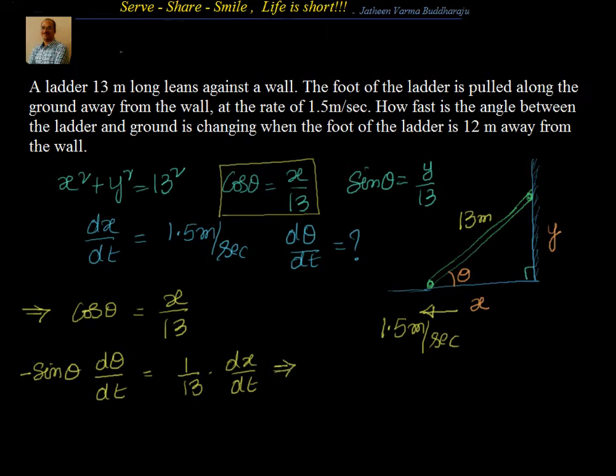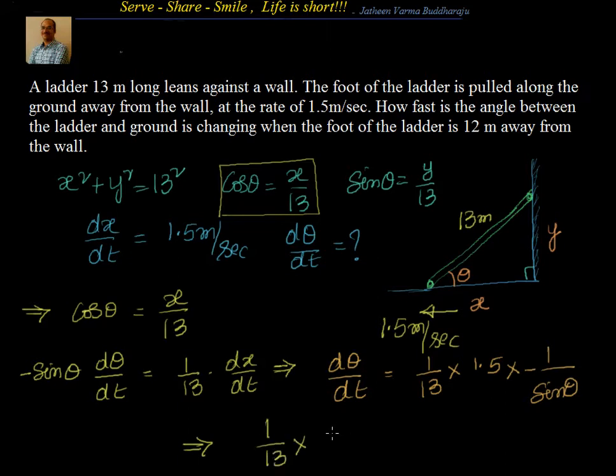That gives me that d theta by dt is equal to 1 by 13 into dx by dt, that is 1.5, into minus of 1 by sin theta, which is d theta by dt equal to 1 by 13 into 15 by 10, and there is a minus there. Yes, minus, because the theta is decreasing.